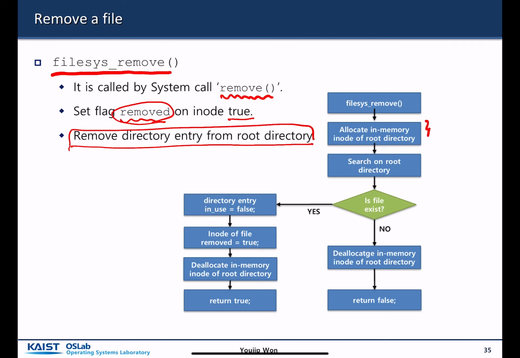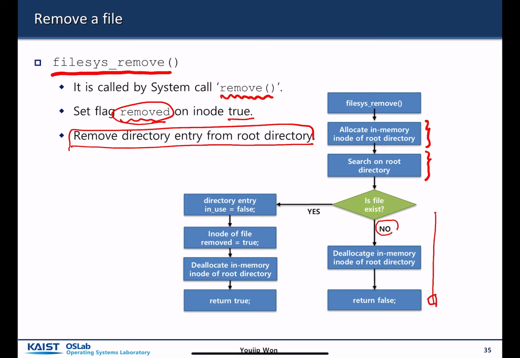It opens the root inode and searches the root directory for a given file, and if it does not exist, then it deallocates the root directory inode, then returns false. That basically means the deletion fails.